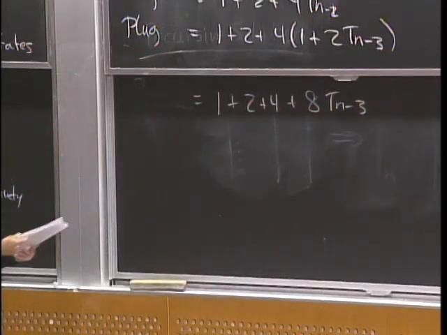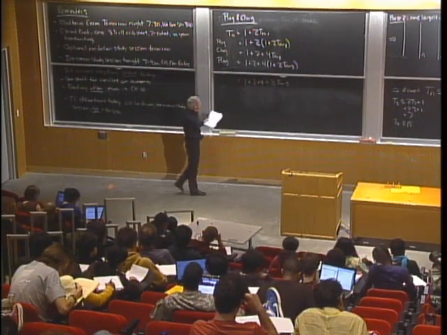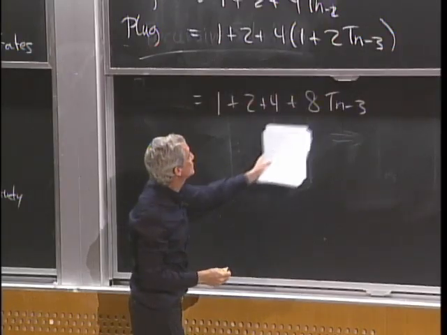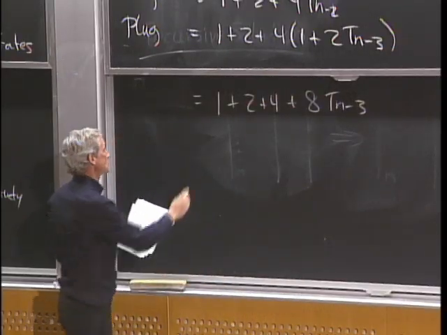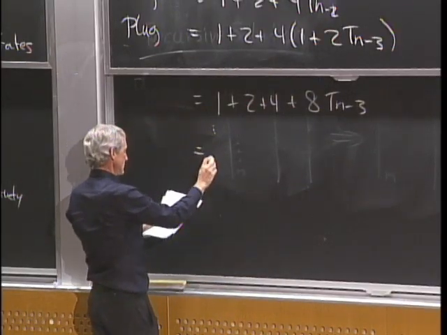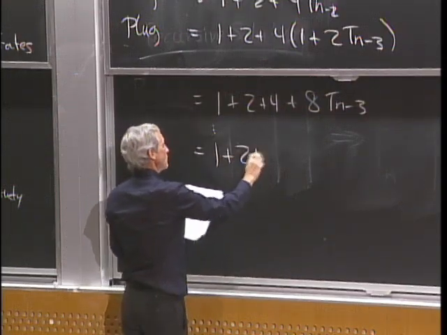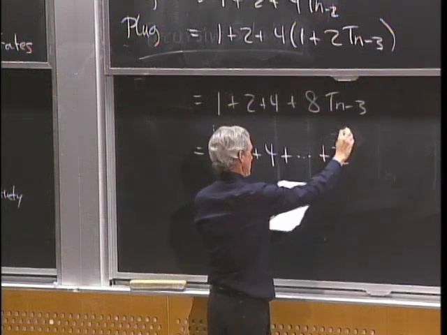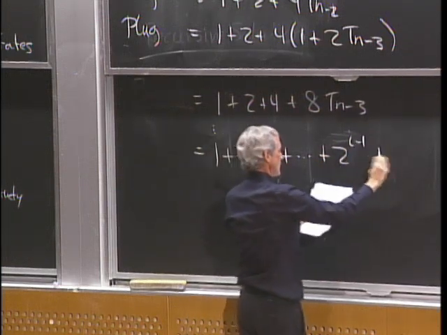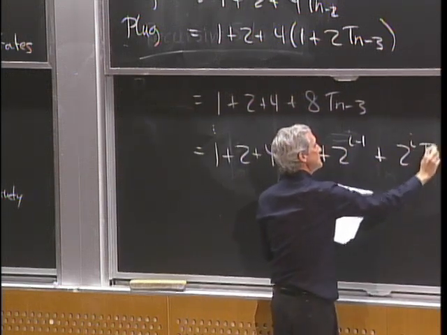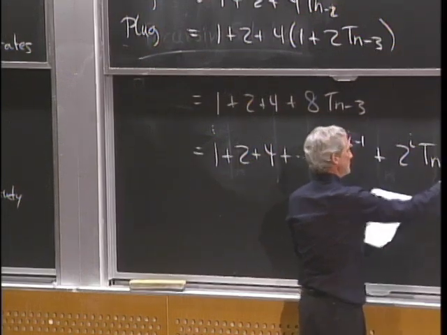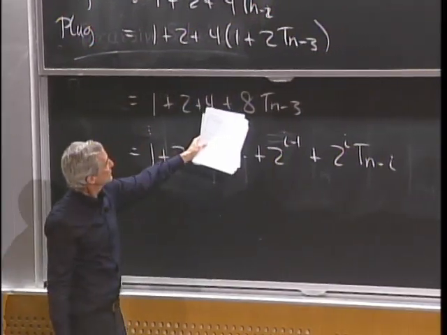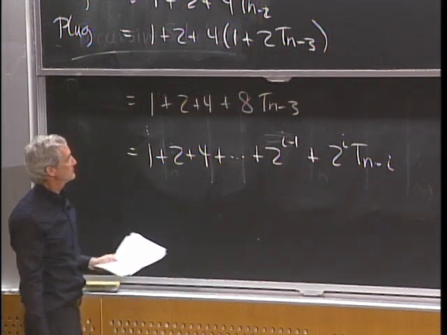All right, and now we're going to try to observe the pattern we're getting. So there's a little bit of a guess going on in this context still. But you see the pattern. We got powers of 2. Pretty easy pattern. So you might say, if I keep on doing this, I'm going to get 1 plus 2 plus 4 plus dot, dot, dot, plus 2 to the i minus 1, plus 2 to the i T(n-i). So that's 2 to the 3 T(n-3) there.